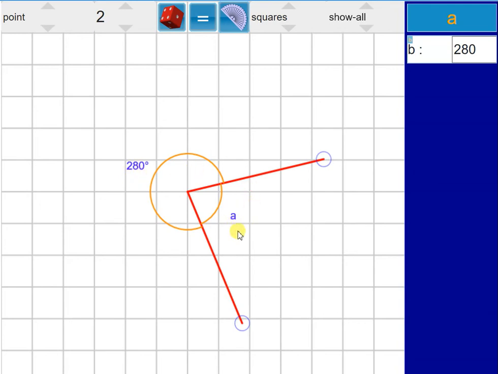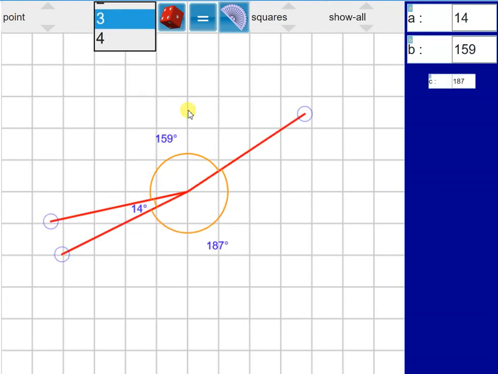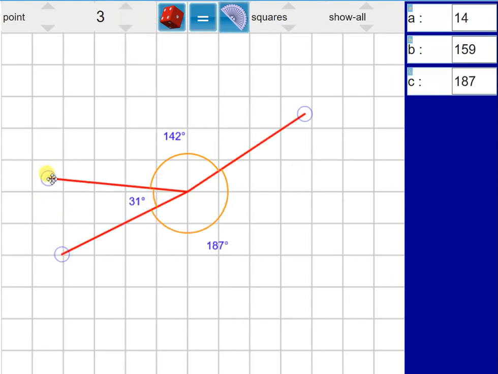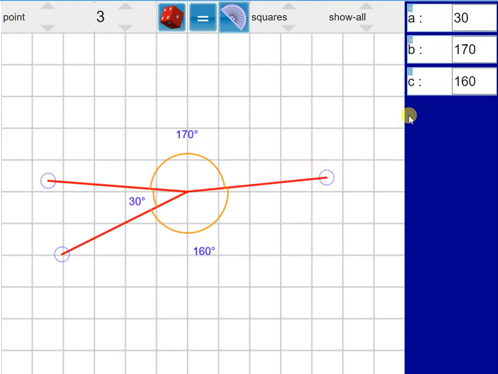Well, if you remember that a whole turn is 360, you can subtract 280 from 360, and that will give you your angle. Again, they make things more difficult. They give you questions like this. They say if this angle is 30 and this angle is 170, can you calculate angle C?